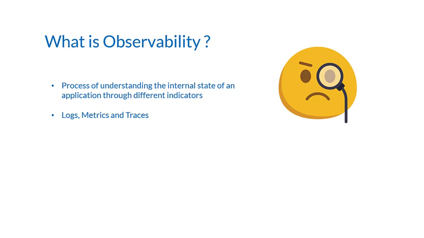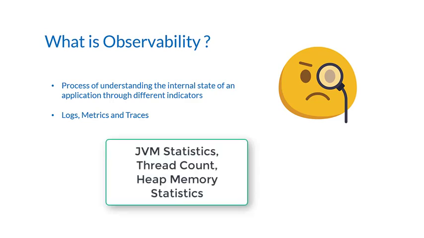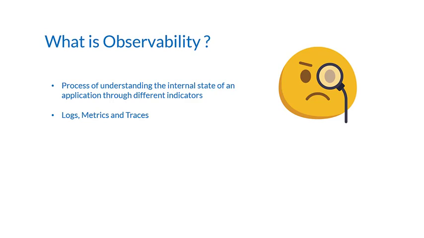For Java applications, you can consider the JVM information as metrics, and also the number of threads your application is using and the heap memory statistics. All these come under the metrics our application is going to expose. And finally, we have traces. This comes along with the concept of distributed tracing.